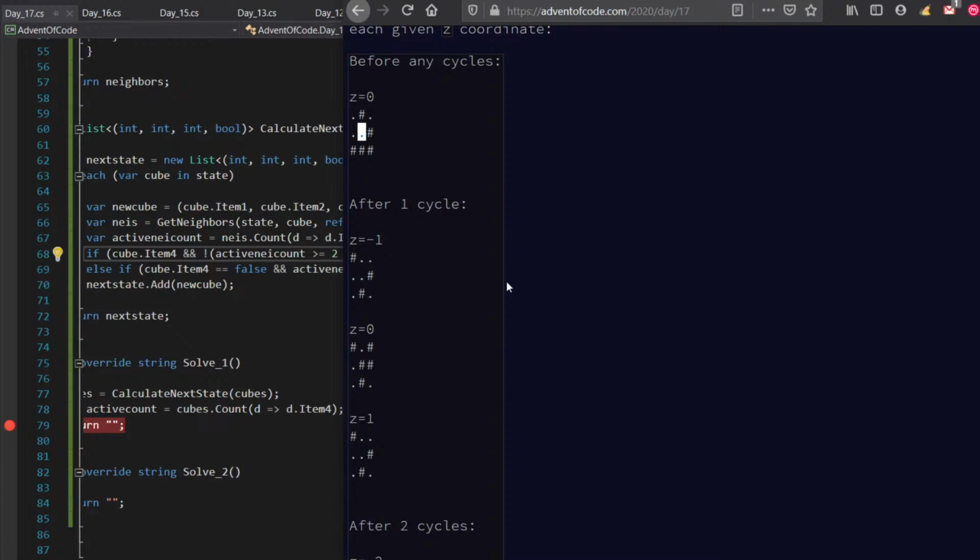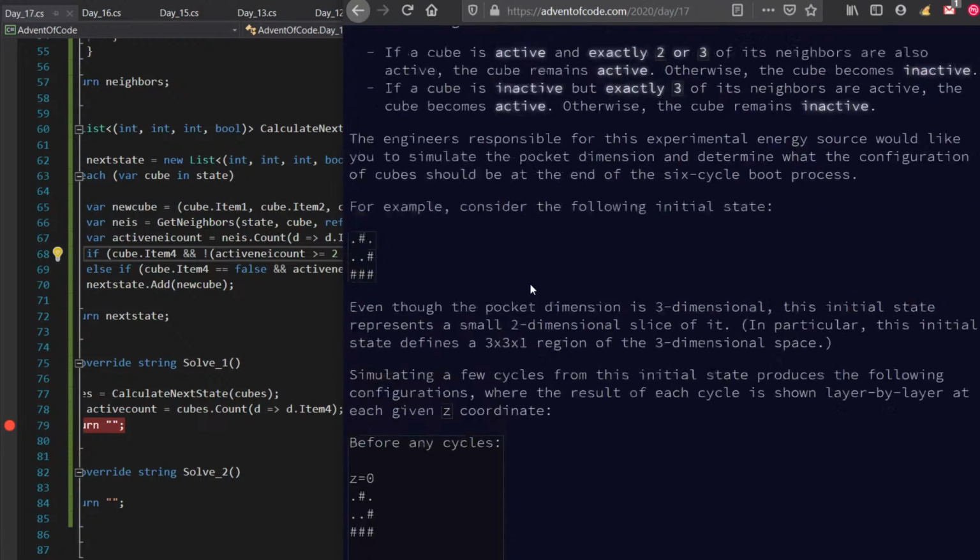I don't see how this one would flip, because it has, what is this, 5 neighbors that are active?